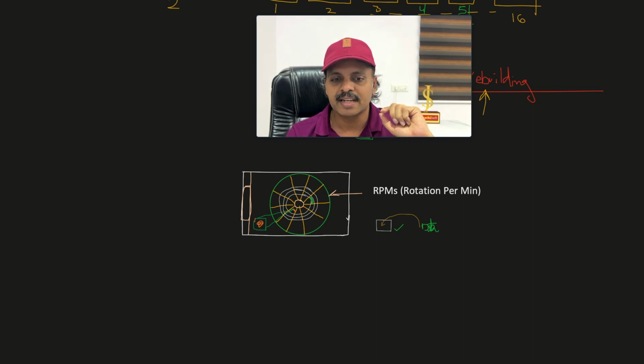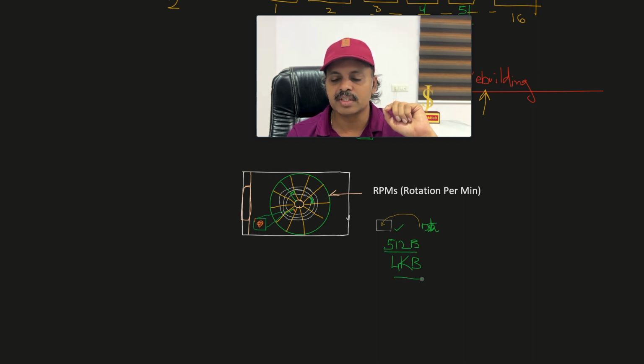So there will be so many tracks divided like this, and it creates a sector here. Every sector will have an address, and a sector will have a small size, for example 512 bytes. Our modern systems will have 4 kilobytes, or 512 bytes, right?